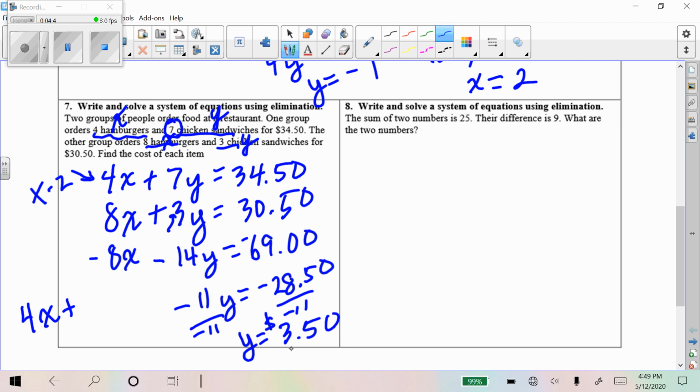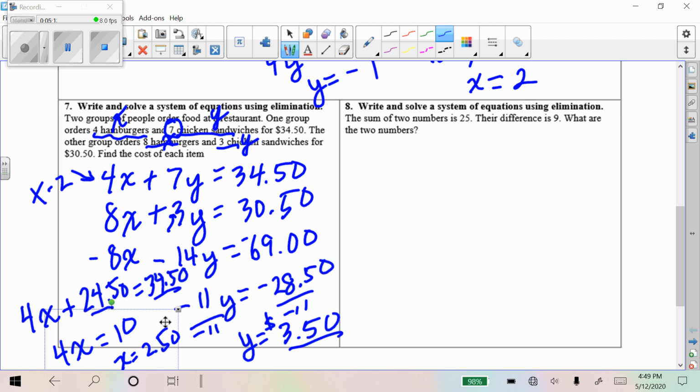That'd be 7 times $3.50, which is $24.50, and that equals $34.50 total. So I'm going to take this 24.50 and subtract it from 34.50, and that equals 10. So my 4 hamburgers are $10, so each hamburger is $2.50.